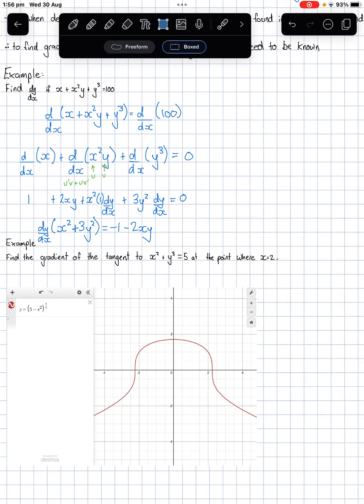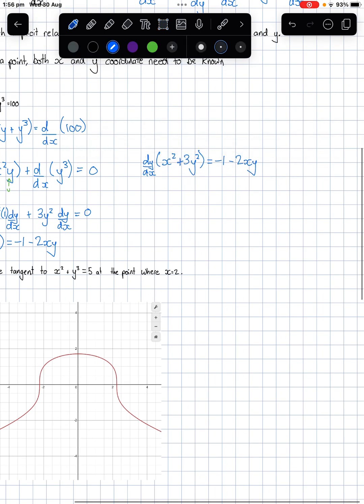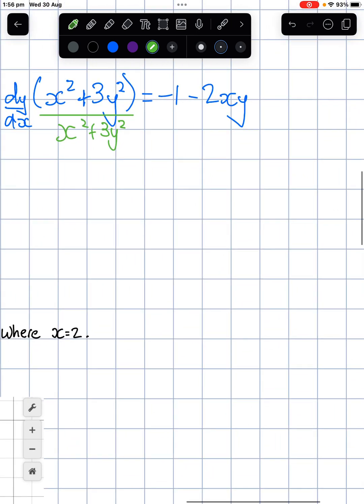So I'm going to just bring that up here so we can keep working. Okay, so we've got that up there. So we're going to divide both sides by x squared plus 3y squared over x squared plus 3y squared. So they're going to cancel.